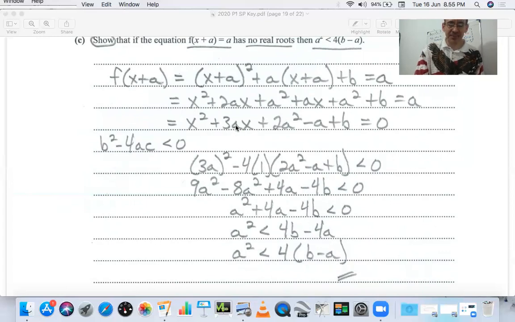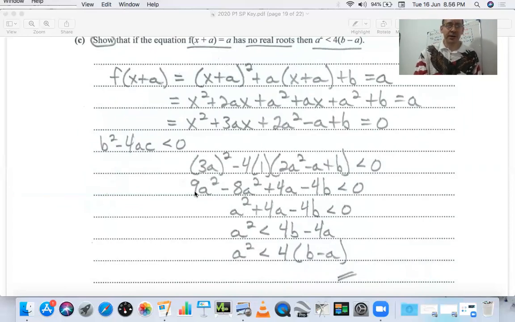The a is not the a variable in this function notation. The a is our coefficient of the x squared term. So minus 4a being the 1, and then the c is all of this, 2a squared minus a plus b. So b squared minus 4ac is less than 0.